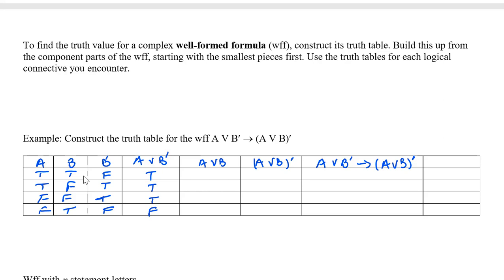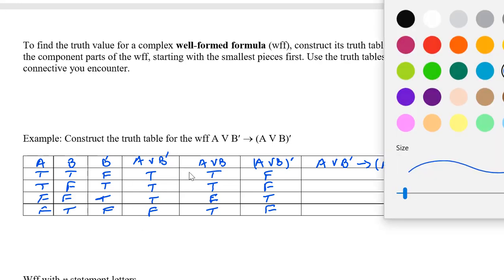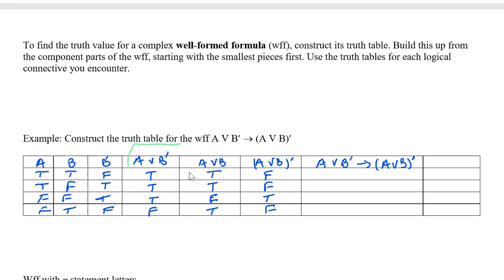And for the or, just A or B, again, the only time it is false is when both are false. Otherwise everything is true. Then we negate the last column which we just did. It's gonna be false, false, true, false. Now what we need is the truth value for this statement here, which is A or not B. Let me highlight that, A or not B, right here, implies this.